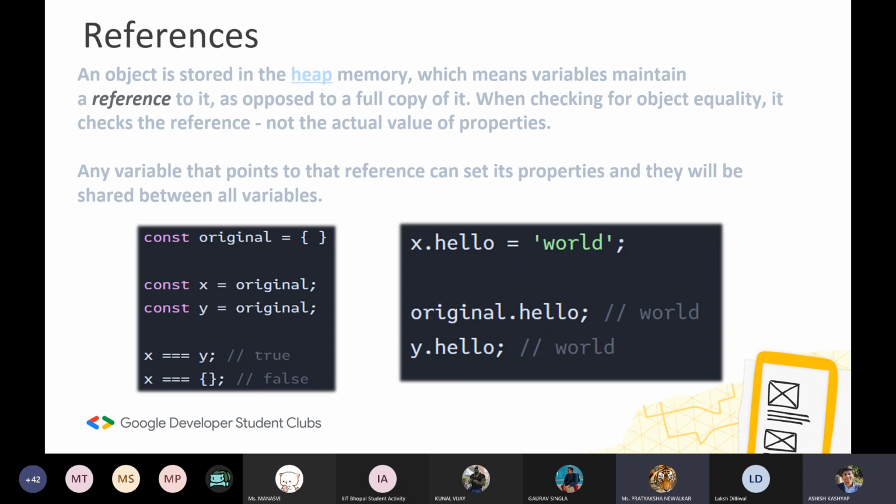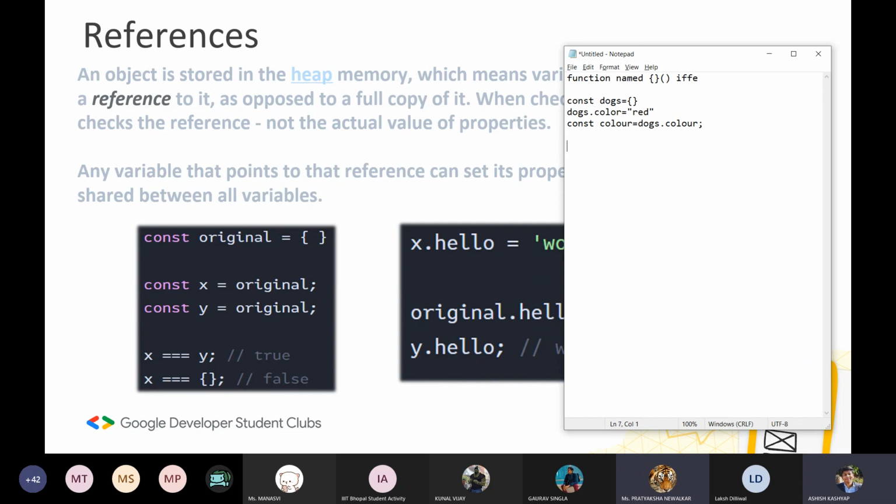Next we have references. I'm sure you might know about this, since it happens in other languages as well. For example, if you have a variable named value, and another variable named value2, and you assign value2 to value, then a copy would be passed on to value, right?